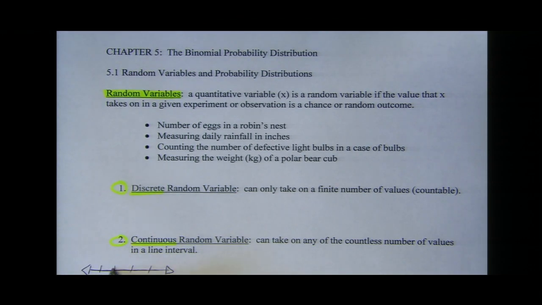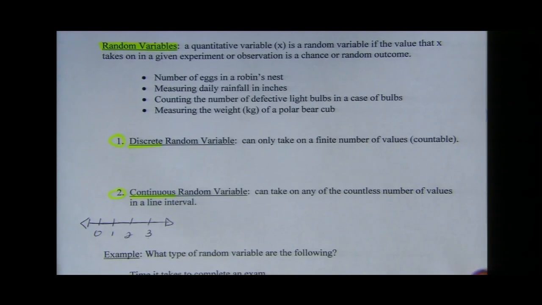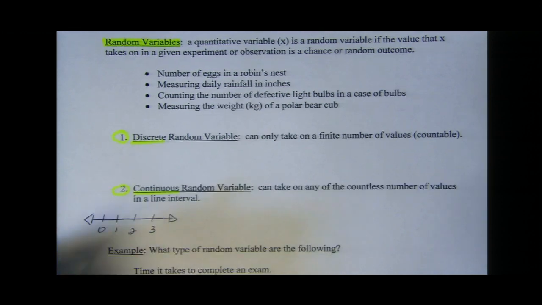Continuous means it could take on any value in between. It could be a half, it could be 1 3/4, it could be 2 1/4, it could be 3.11111. The reason it's continuous is because we know there are infinite numbers in between two values.